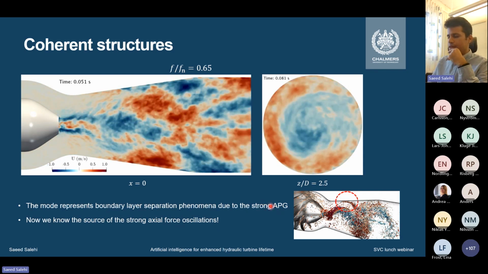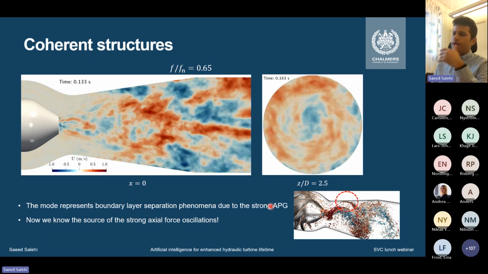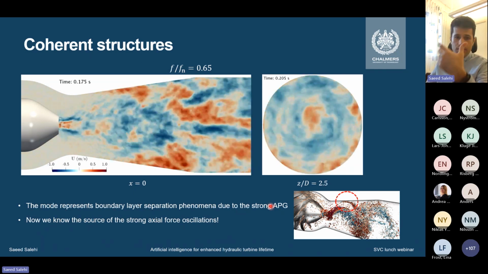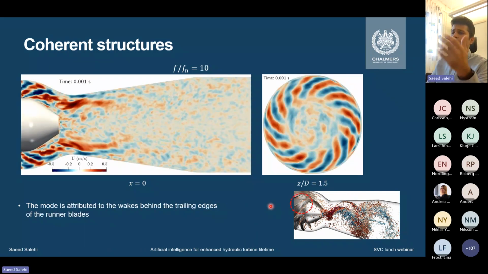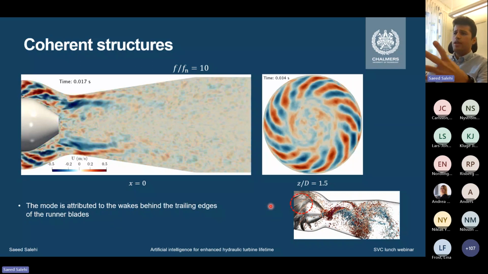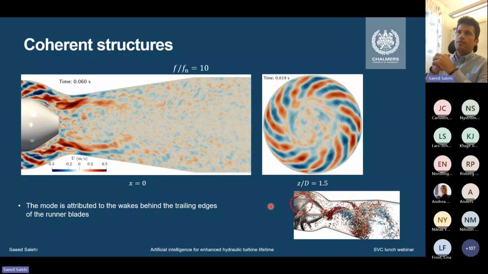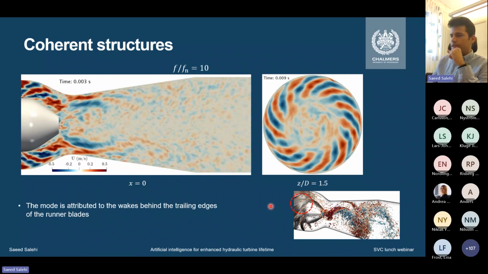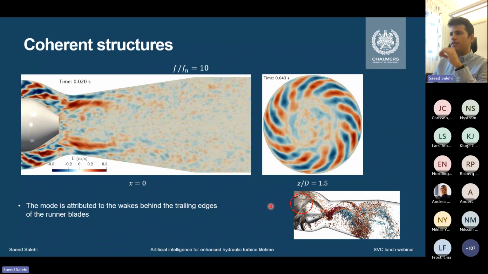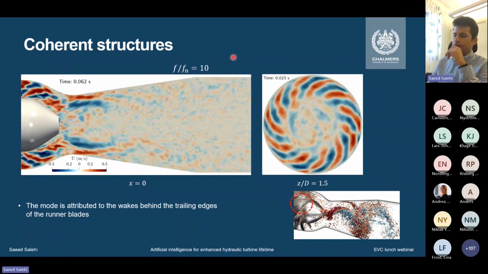And that is something that can only be achieved through this kind of modal analysis, which is DMD. Also, another coherent structure clearly shows the vortices behind the trailing edge of the blade, and the frequency is the runner blade passing frequency.